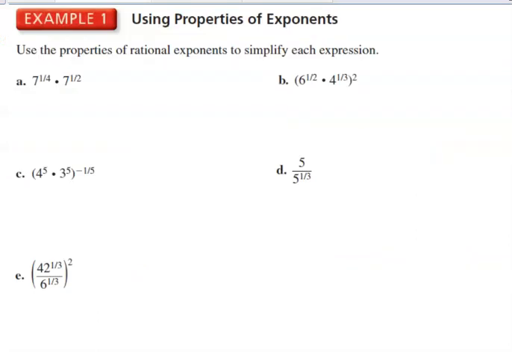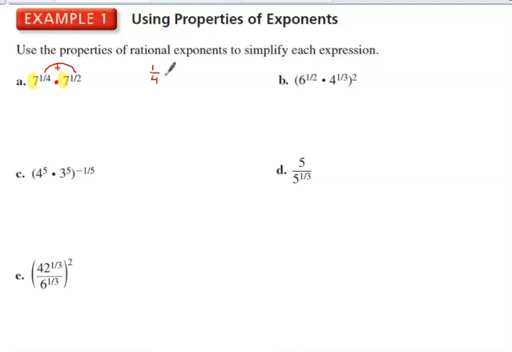We are going to use those same properties, but now we're going to use them with rational exponents, or exponents that are fractions. One thing that we saw on the last slide is that if we have the same base, here the 7's match, then all we need to do is add those exponents together. We're multiplying in between the bases, so we add the exponents.